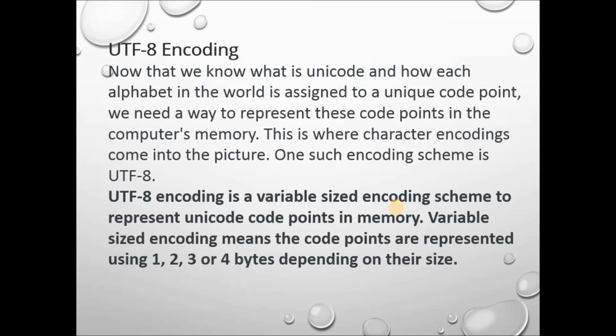UTF-8 is a variable size encoding scheme to represent Unicode code points in memory. Variable size means the code points are represented using 1, 2, 3 or 4 bytes depending on their size.